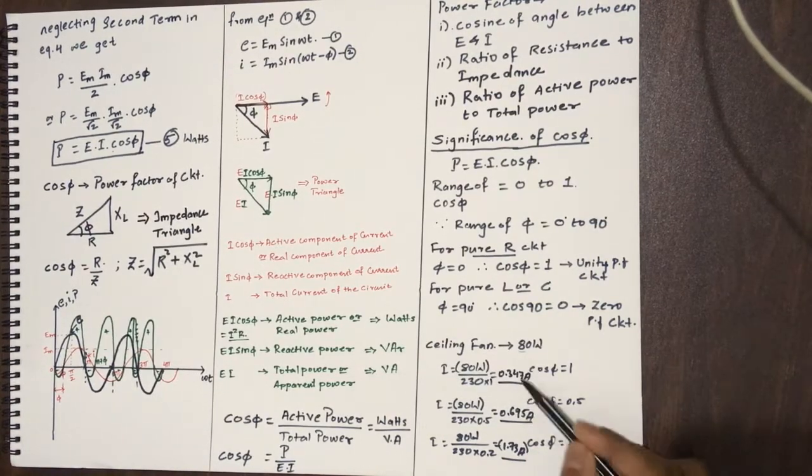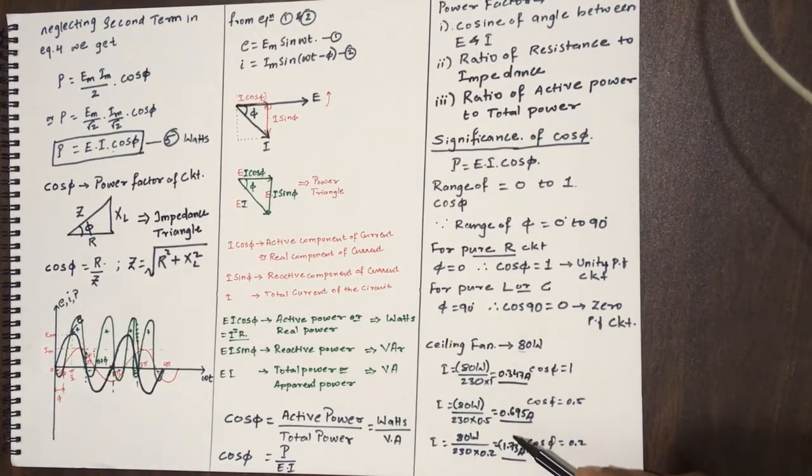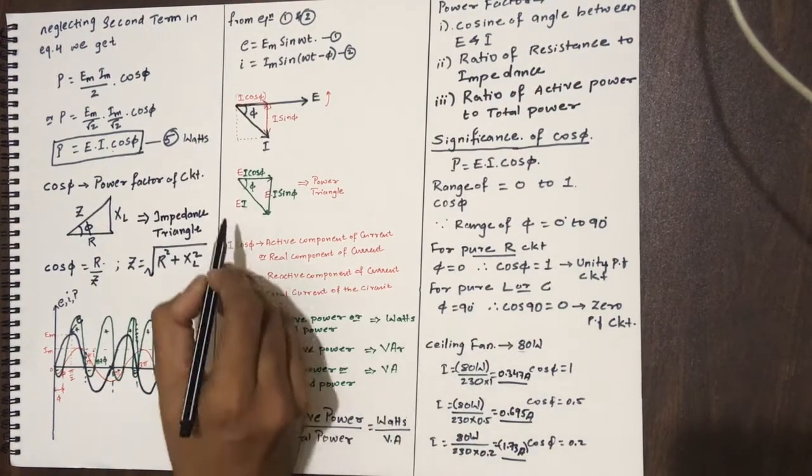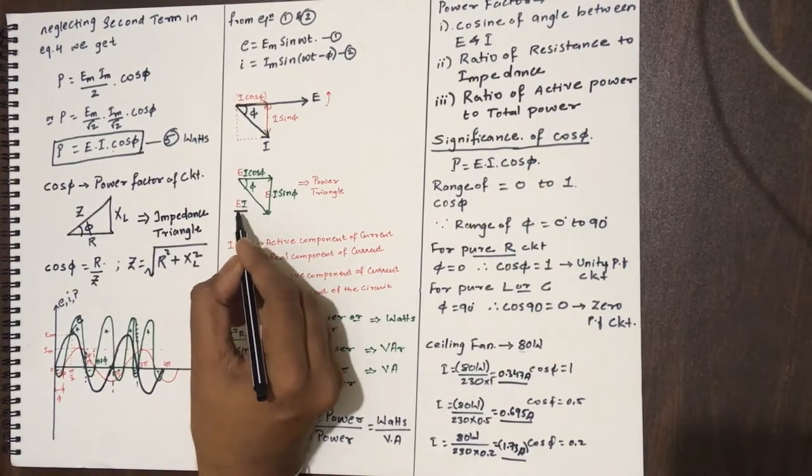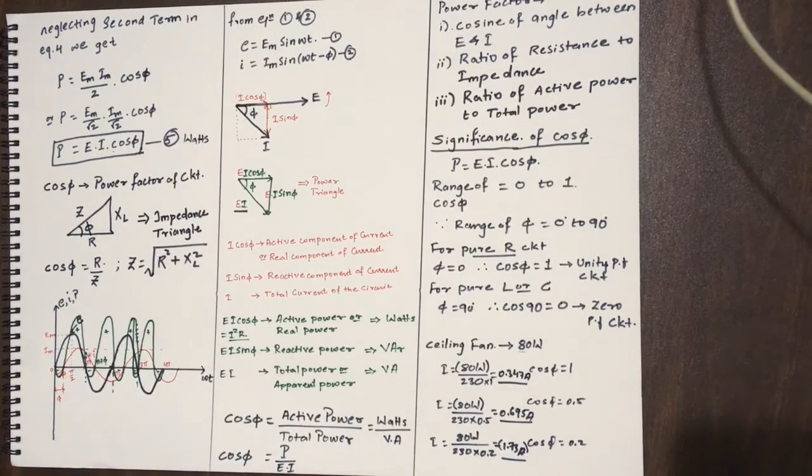Now, what if the current drawn is more? What is the problem if the power factor is less and the current drawn is more? One should keep in mind that when the current drawn is more, the total power of the circuit is also more. This is for which I am paying the electricity bill.